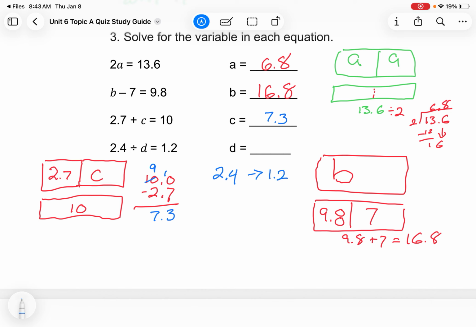So what we're asking is how many 1.2s are in 2.4? So 1.2 and 1.2 are 2.4. So that was 1 and 2. So the answer is 2.